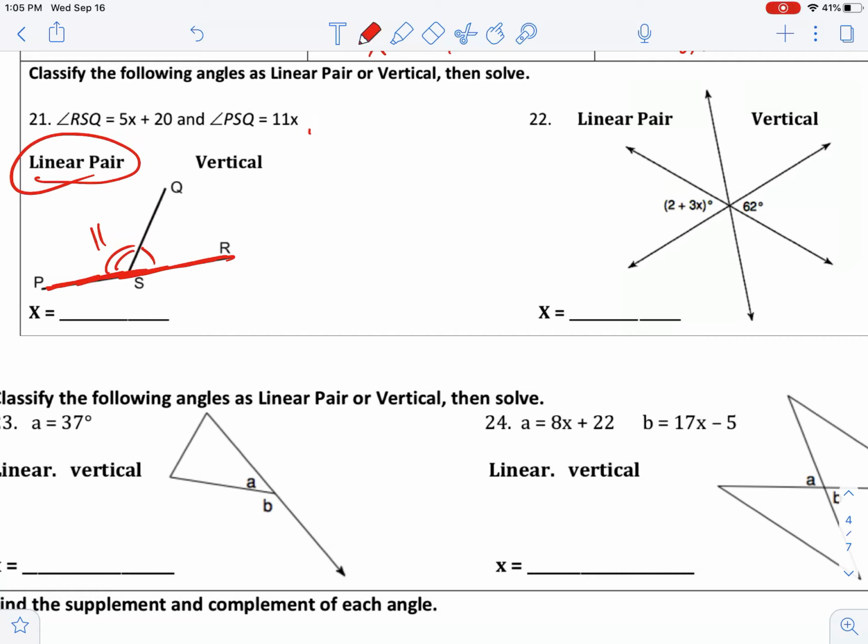All right, and this is 11x and this is 5x plus 20. So if they're a linear pair, if they form a straight line, then I got to think about what a straight line equals. So I have my angle addition postulate.